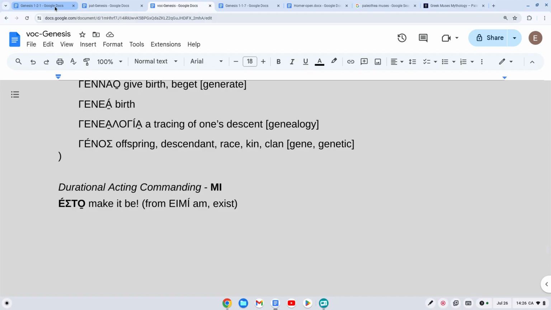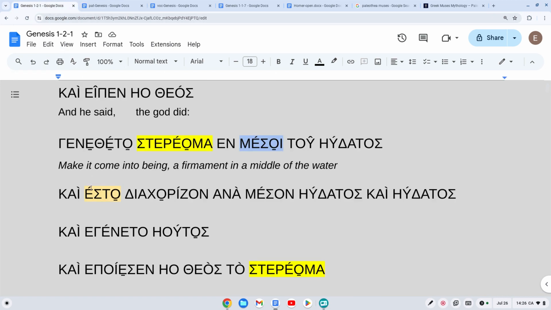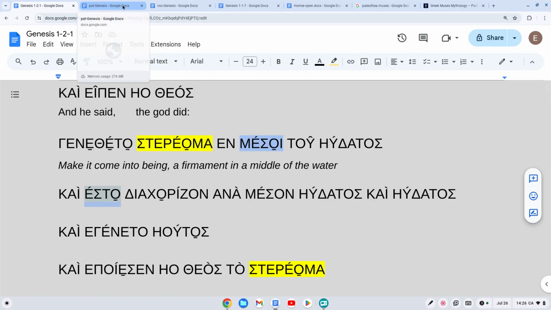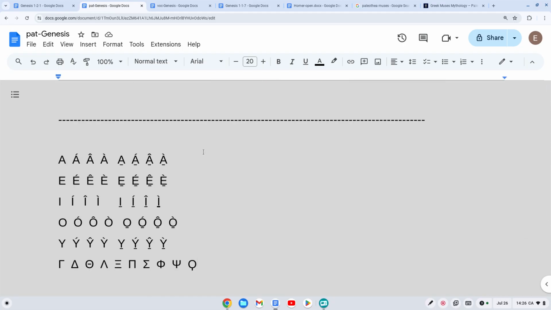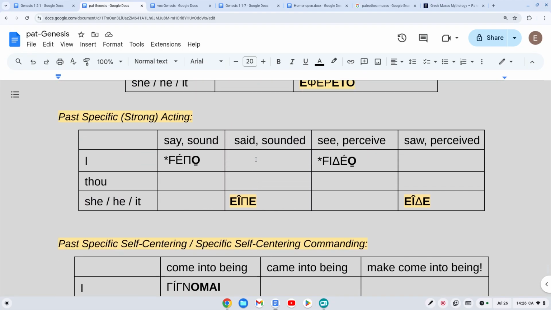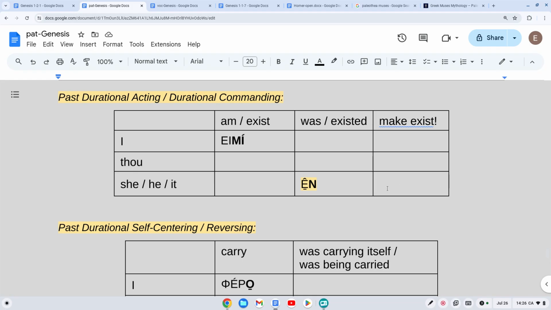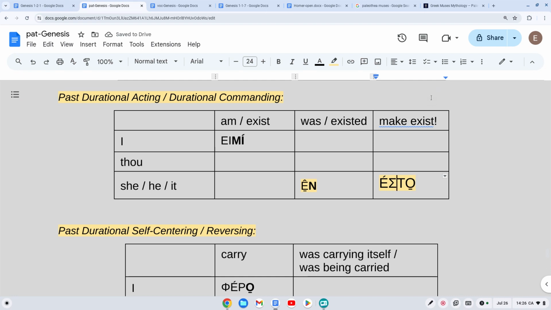So let's put it in our verb charts. I guess we need to copy it, if we can find the right place for it. And here it is. Belongs in this box here. And we can make that a little smaller.